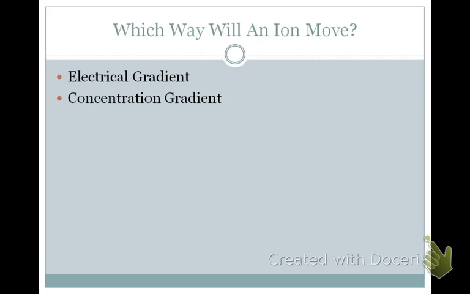So whenever there are channels for an ion, the ion is going to be driven by 2 gradients: its electrical gradient and its concentration gradient. It has to balance these 2. Electrical gradient is just like it sounds. If you've got lots of negative charges inside, it's relatively positive outside. If you're a negative ion, you're going to want to go out. If you're a positive ion, you're going to want to go in.